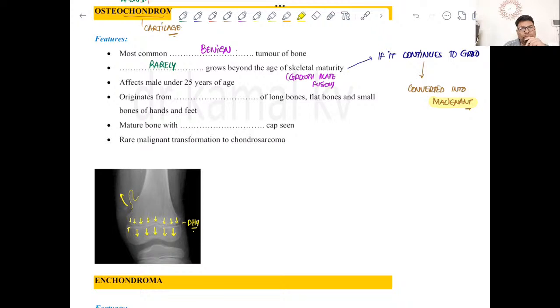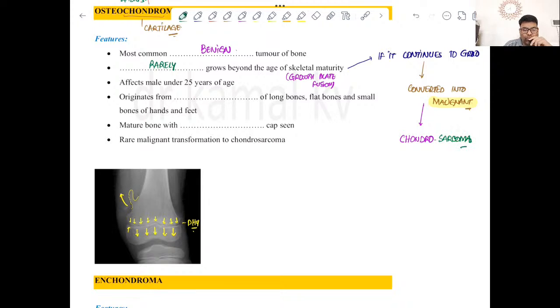So suppose if a patient is of 25 years and if this swelling is continuously increasing in size, it should alert us to the possibility of malignant conversion, and the malignant counterpart of osteochondroma is chondrosarcoma. Clear?